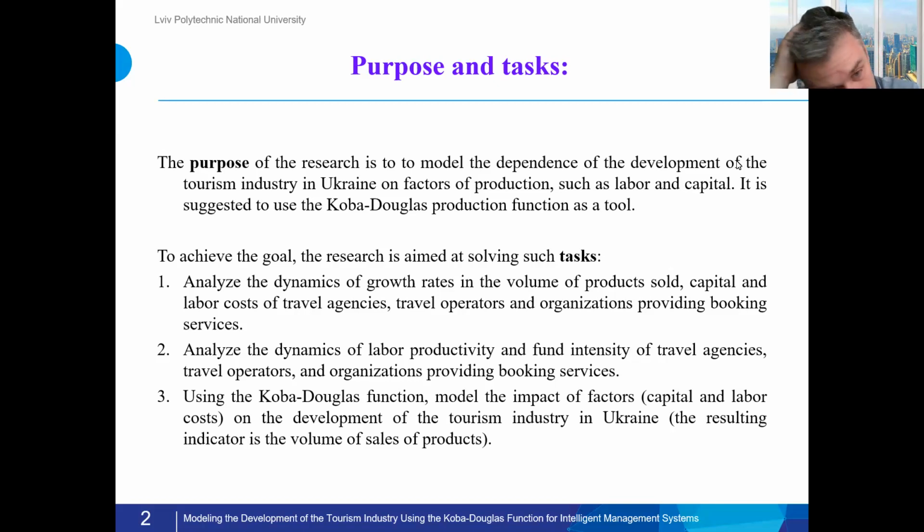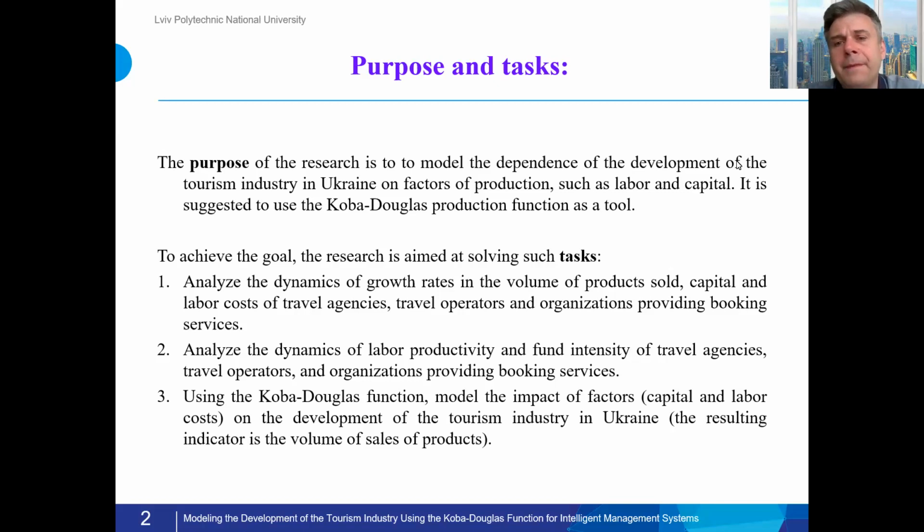The second task was to analyze the dynamics of labor productivity and fund intensity of travel agencies, travel operators, and organizations providing booking services. At the end, the third but not least task was to apply Koba-Douglas function model and to study the impact of factors, specifically capital and labor, on the development of tourism industry in Ukraine.